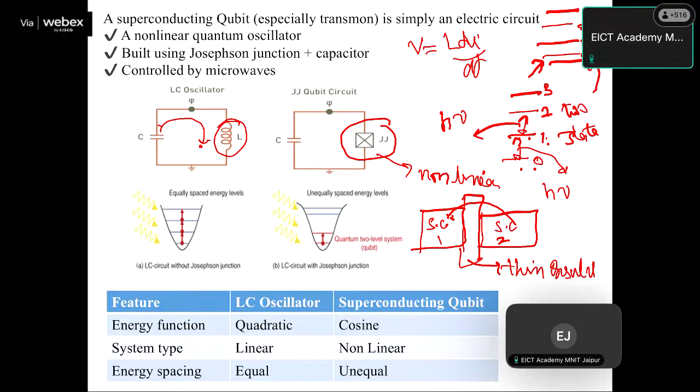So how is this achieved? It is achieved by the non-linear JJ junction, which results in unequal distribution of energy levels throughout the circuit. If you look into the mathematics of this, maybe in some course you must have studied, the energy function here is quadratic.